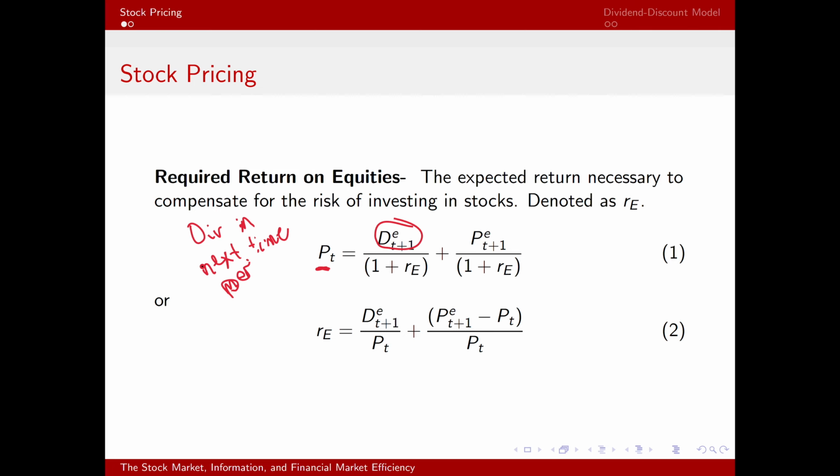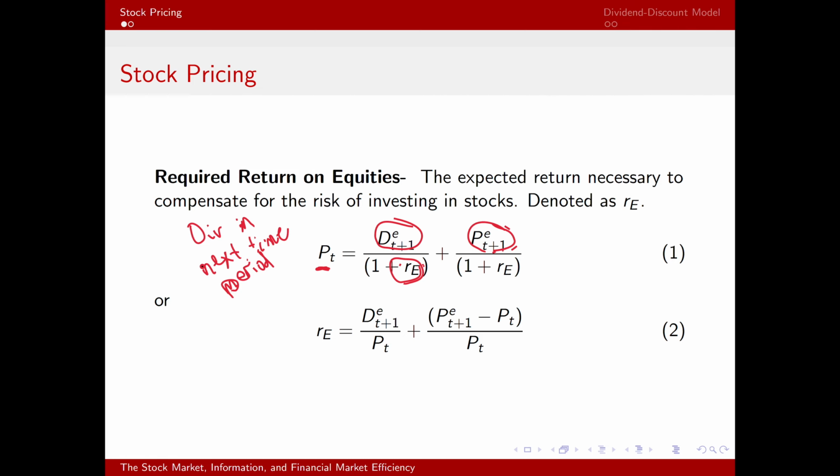And then R sub E is the required return on the equity investment. And then finally, price sub t plus 1 to the e is the expected price at time t plus 1. And so we can rearrange this formula to get R sub E.